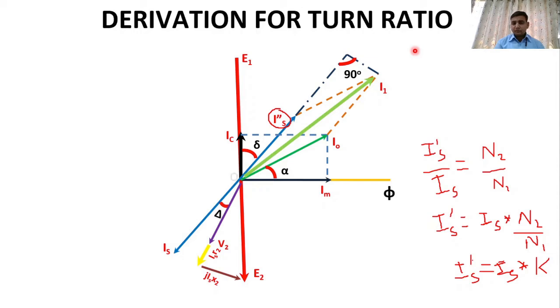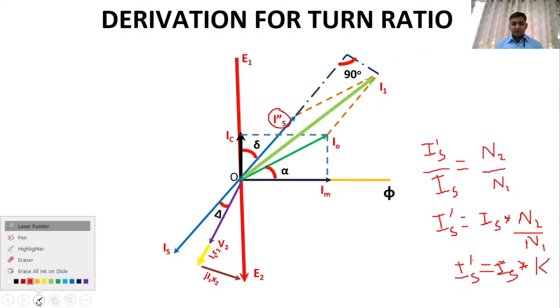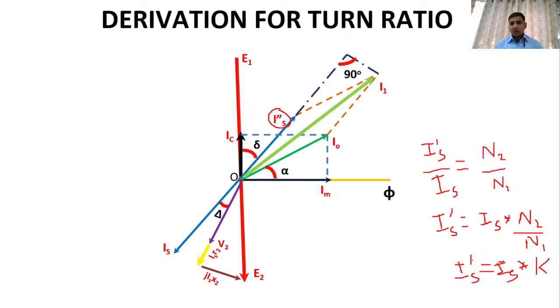Now for a rectangle OABCD, where we have a 90 degree angle at B, we will take the triangle ABC only. In this particular rectangle OABCD, we take only the triangle ABC, where we have taken 90 degrees at B. We have the hypotenuse A to C, which will represent I0, the no load current.